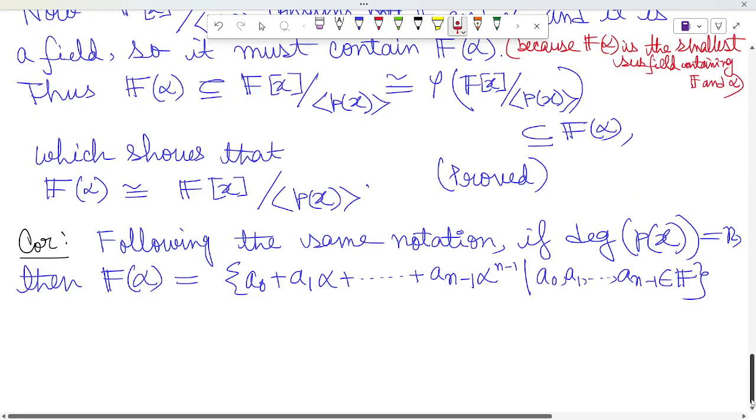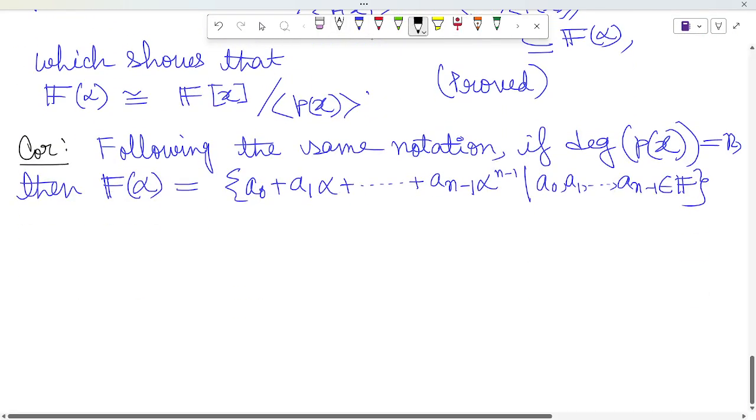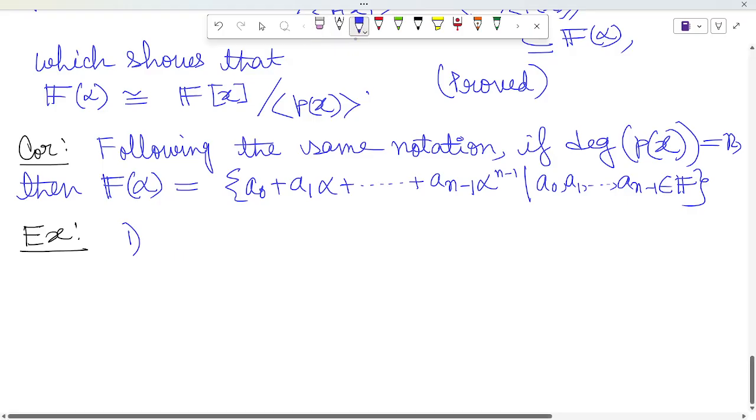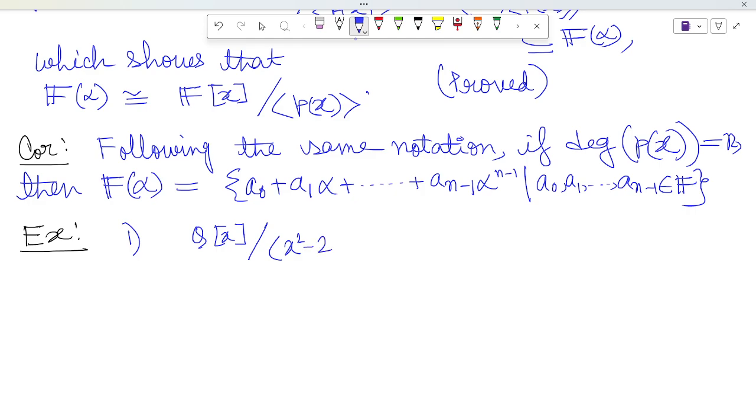So few examples. From the example we can directly say that Q[x] mod x squared minus 2 is isomorphic to, sorry, it is isomorphic to Q(root 2).